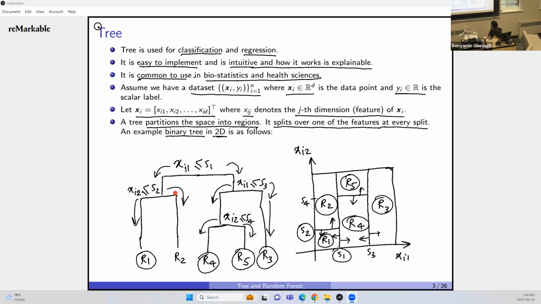If it is greater than S2, we go right. So we have region 1 and 2 as drawn in this figure. The rest of the branches we already explained before. As you see, the tree partitions the space, and this is a binary tree because at every split we split into 2 parts.